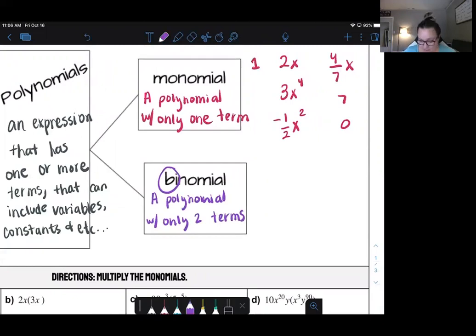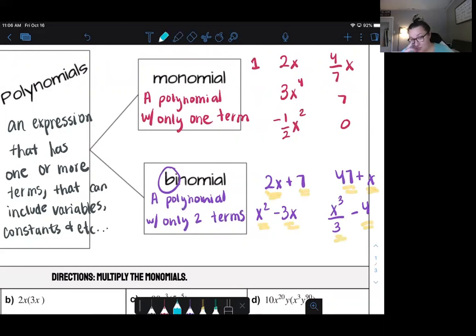So that could be like 2x plus 7, or maybe x squared minus 3x, or 47 plus x. Maybe x cubed over 3 minus 4, etc. So these are just examples of what a binomial could look like. There are always 1, 2 terms.